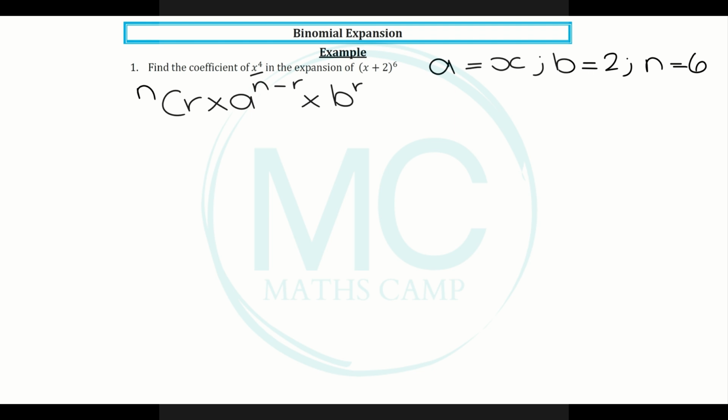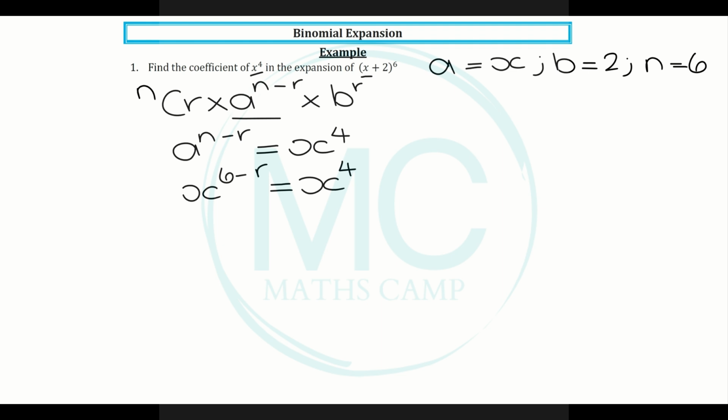When we multiply all of these terms out, only our x term will have an exponent of 4. So to find r, we focus on the x term. In this case, a is our x term. So when we have a with an exponent of n minus r, we will get x to the 4. In the bracket, a is x. So I can say n, which is 6, minus r is equal to x with an exponent of 4.